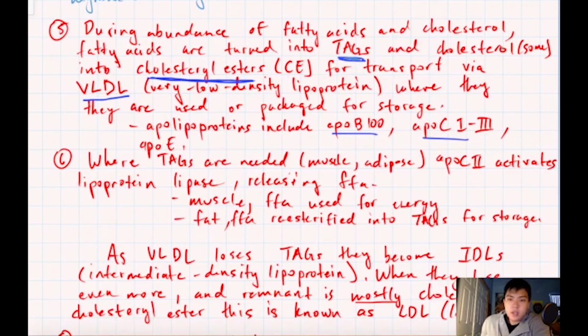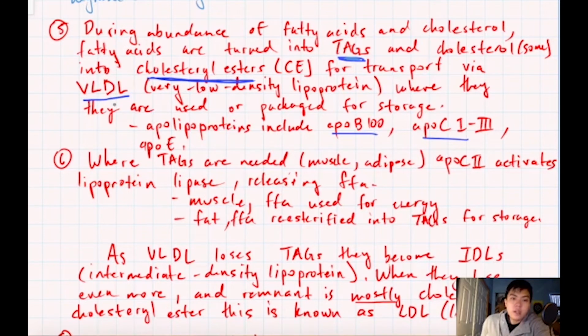And then the cholesterol, some of it's going to be turned into cholesterol esters with our ACAT enzyme, right? And then from there, we're going to form a new lipoprotein. It's going to be called VLDL, very low density lipoprotein. And this is going to be sent to different parts of your body. It's going to enter your lymphatic system first.